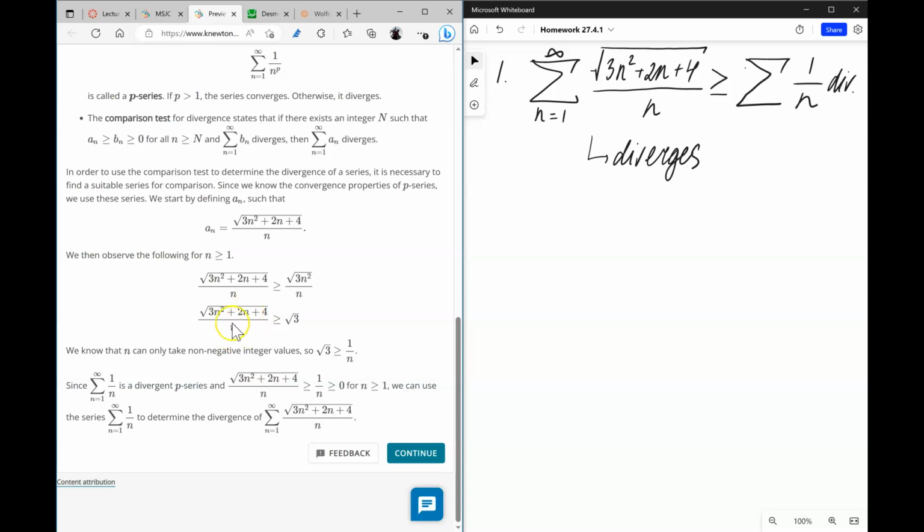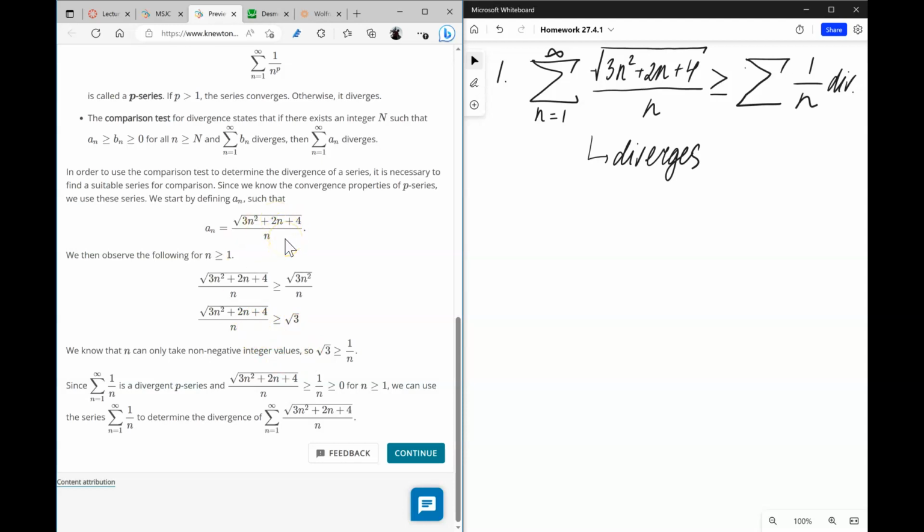I'm just looking at this solution, and they're making it very complicated here. The reason is that this series diverges even by the divergence test.